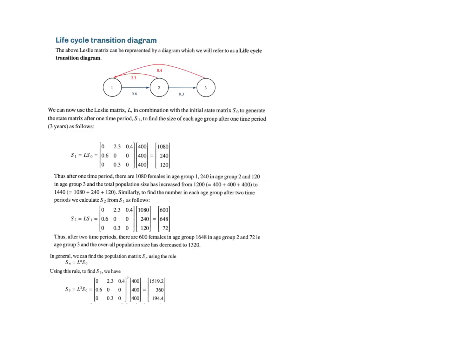Okay, so we can draw that information that we've been given in a life cycle transition diagram. So remember, with our transitions, remember we had the arrows and the circles? Well, we can do this with a Leslie cycle or transition matrix.